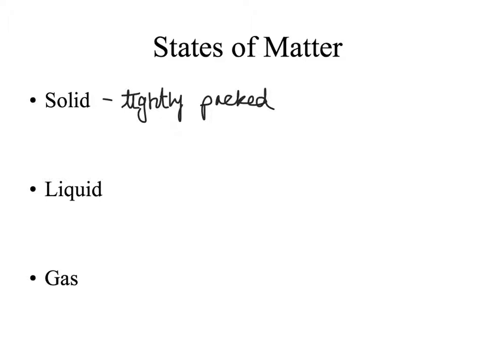Because they're tightly packed, they have essentially no compressibility. What that means is the individual atoms or molecules that make up the solid are so close together that you can't push them together any further. And these are often very organized structures.